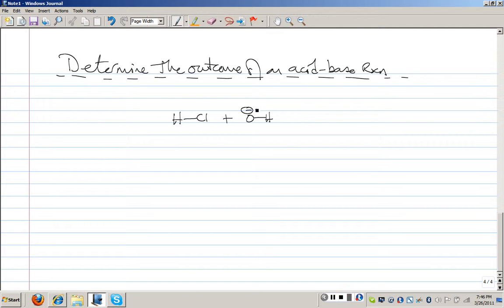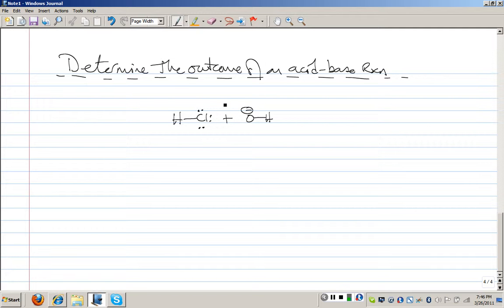Well, I'm going to say, look, this is a question of an acid-base reaction. But an acid is a proton donor. If I look at hydroxide, hydroxide has a proton on it, and certainly the HCl has lone pairs on it. So technically the HCl is an electron pair donor.